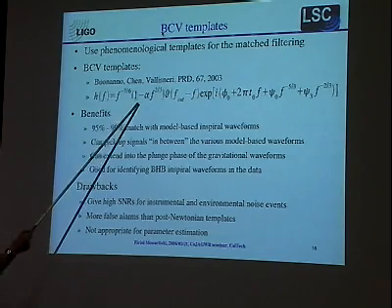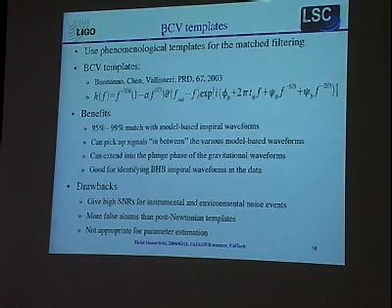There is another factor, which is 1 minus alpha times f to the 2/3, and that factor is inserted there for two reasons. First, it can give high matches with model-based waveforms that extend beyond the ISCO frequency and into the plunge phase, and it also captures post-Newtonian amplitude corrections.